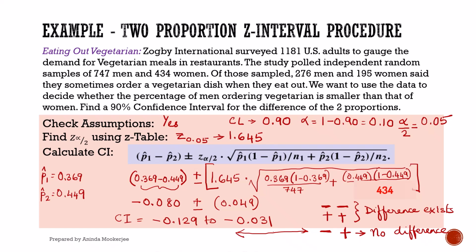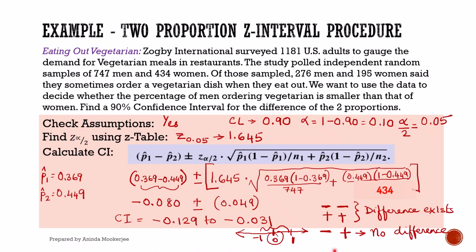If one end is negative and the other end is positive, I'm just writing some values here, then this interval contains a 0 in it. It contains a difference of 0 within that interval. And because this interval is one of differences, when the difference is 0, what does that tell us? When the difference of two numbers is 0, that means the numbers are the same.